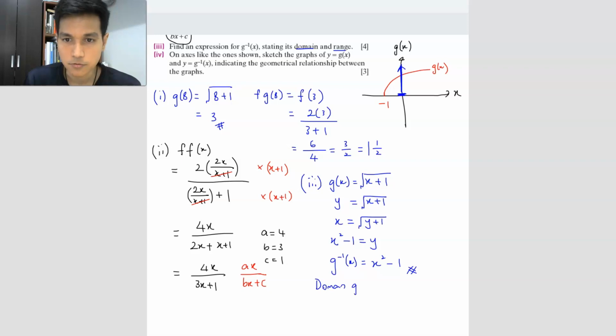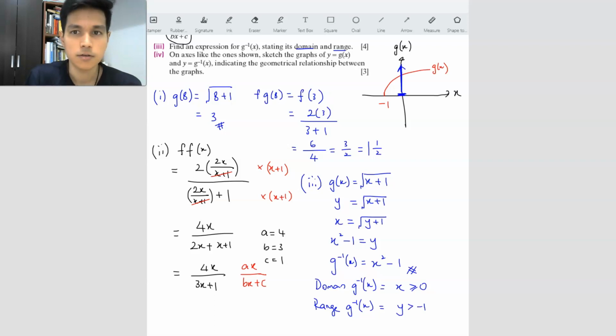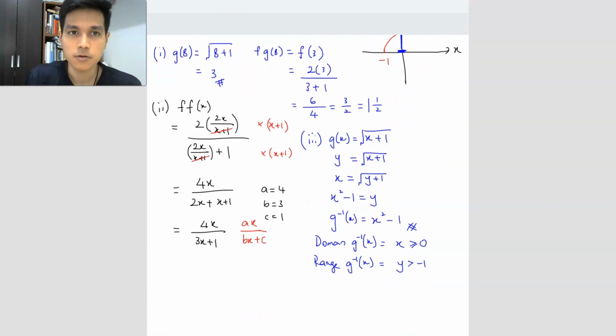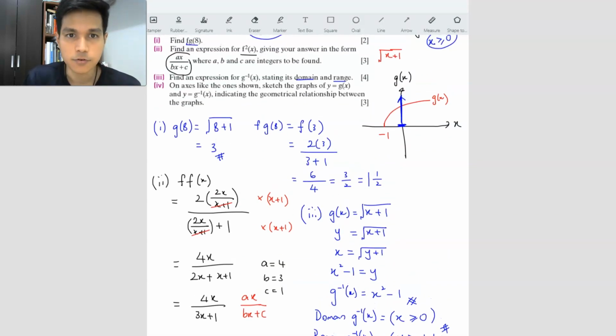The domain of g inverse is x more than or equal to 0, and the range of g inverse is y more than -1, yes. So these two will be your answers. Done.